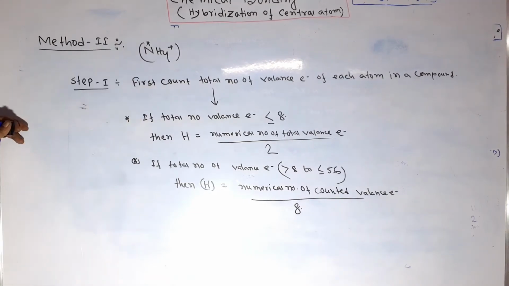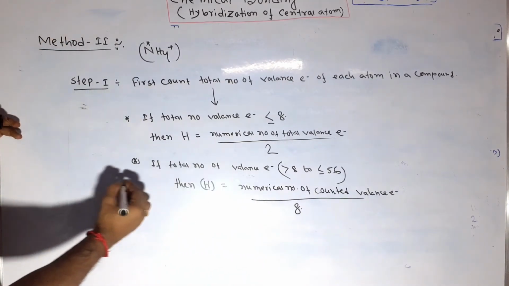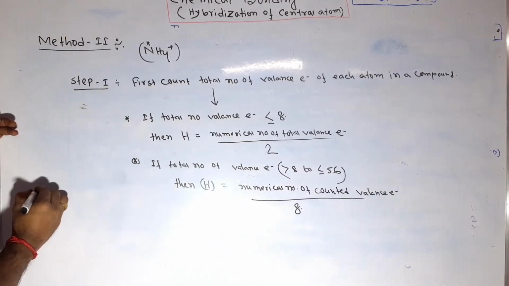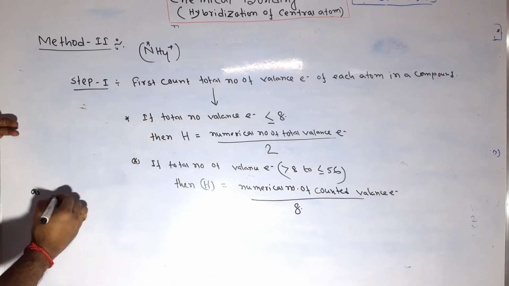Take NH4+ as an example. First count the total number of valence electrons for NH4+.